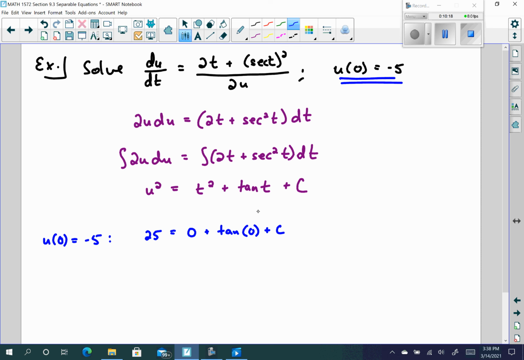And tangent of 0 is 0, so c is going to equal 25. So now we end up with, going back up to this line right here, u squared is equal to t squared plus tangent t plus 25.